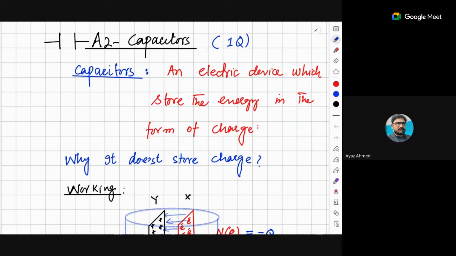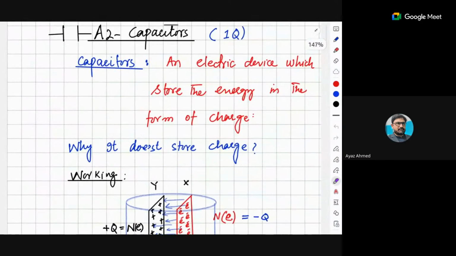Today I will try my best to wind up this topic in 1 or 2 days, and then we will practice these questions, and right after that we will have an assessment because this topic is entirely linked with each other: electric field, Coulomb forces, and then some capacitor questions or capacitor techniques. So that is why I will prefer to wind up this first.